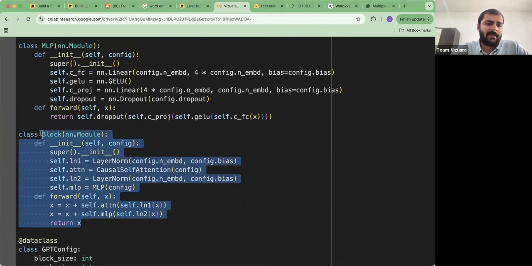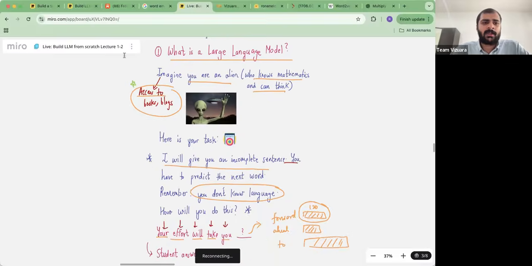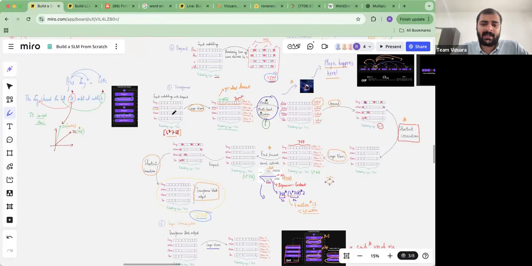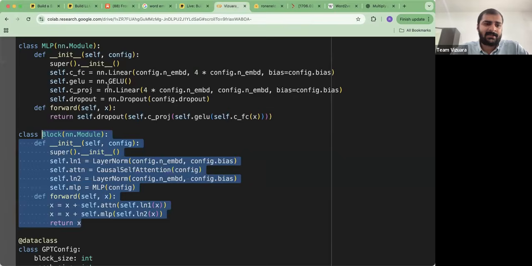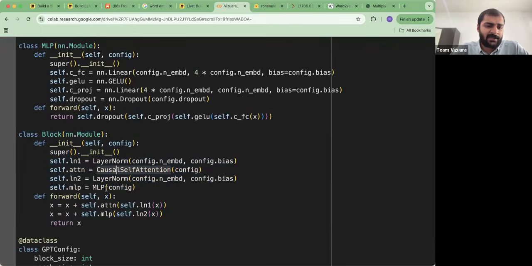This is exactly the same architecture as we have been seeing on the whiteboard schematic. This same architecture of the transformer block is replicated in this class, which is called block. Now we have defined separate classes for each of these. MLP, which is the multi-layer perceptron, is the feed-forward neural network. Then layer normalization, causal self-attention, and layer normalization.